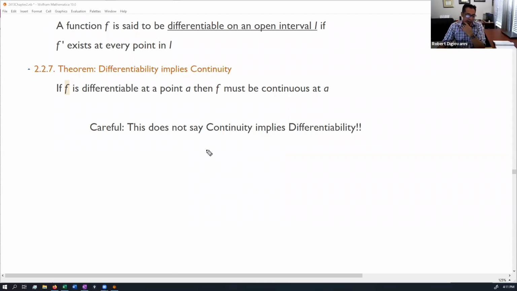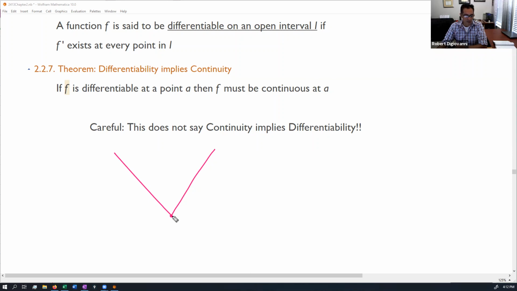So mathematicians asked a question, because theorems are truths. They're true statements. If you're differentiable, then you're continuous. Let me give you an example real quick. How about the absolute value function? This function is not differentiable at this corner.